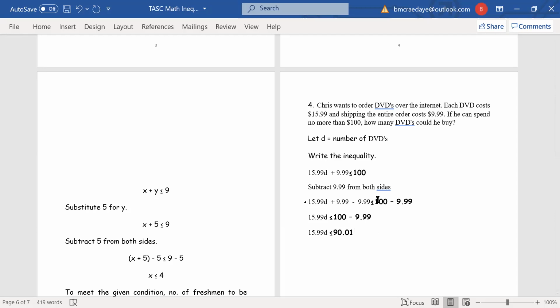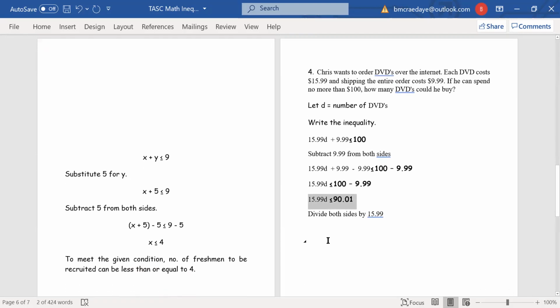So therefore we have to divide by 15.99. Yes, divide both sides by 15.99. You're going to take this and put the 15.99 as the divisor for both of those.